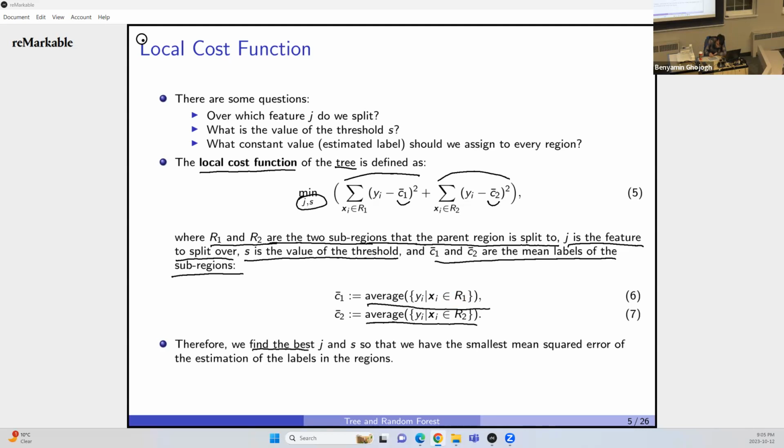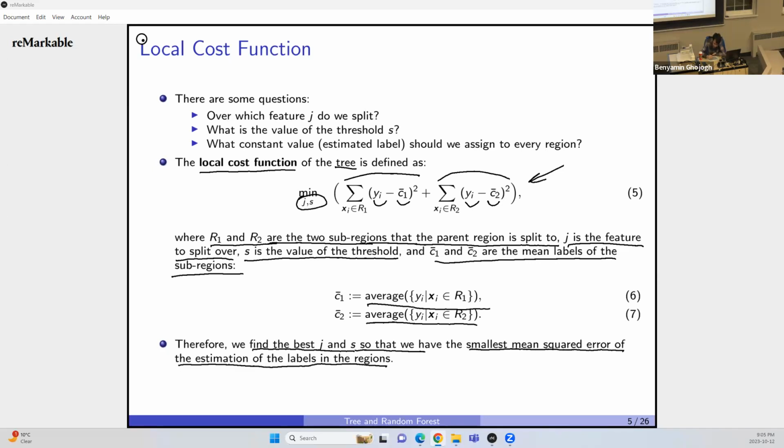Therefore, we find the best j and s. So now let's analyze this cost function. Can you tell me what this is doing? Yi, by the way, is my predicted label, right? So basically it says I want the smallest mean squared error of the estimation of the labels in the regions.